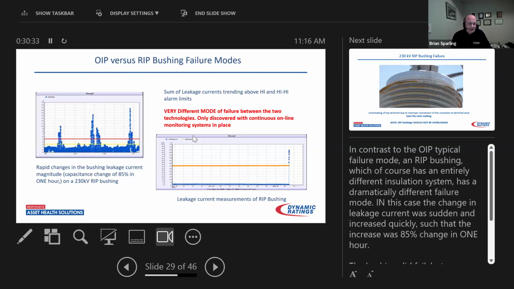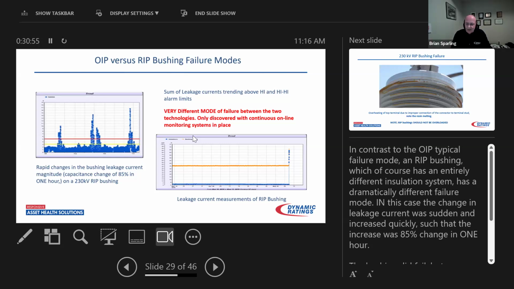On the left-hand side is the OIP typical failure mode, as I was explaining before, as temperature changes, we see leakage current change on the bushing, due to power factor changes. And that's what that graph shows on the left-hand side, an OIP bushing on its way to failure.